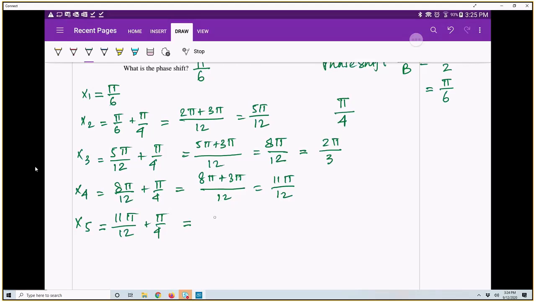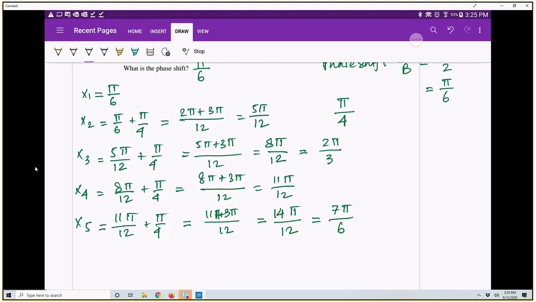So that's going to be 11 pi plus 3 pi over 12, and that is equal to 14 pi over 12. I can simplify by dividing top and bottom by 2, so I get 7 pi over 6.